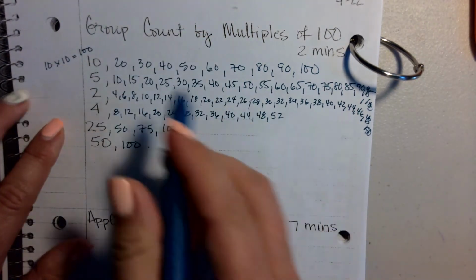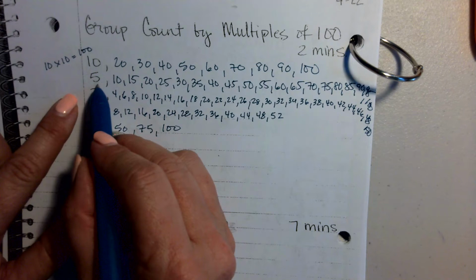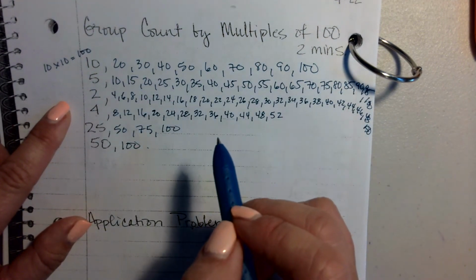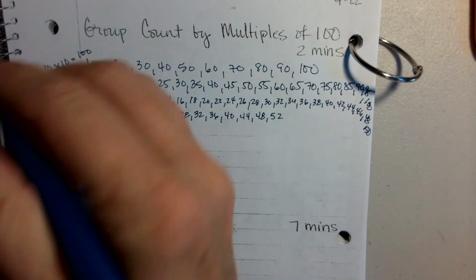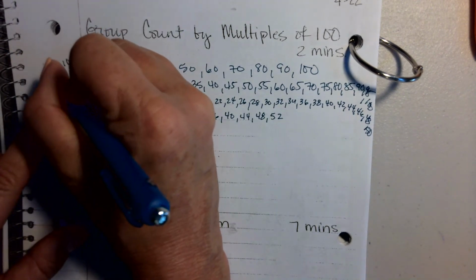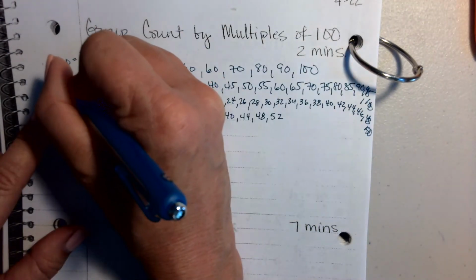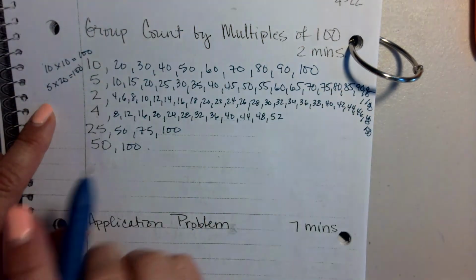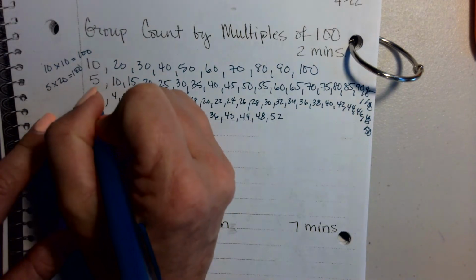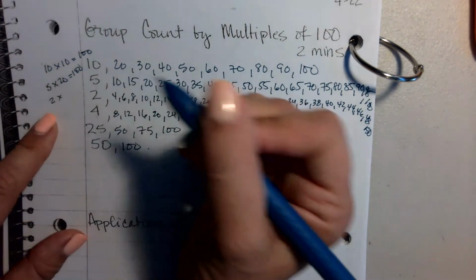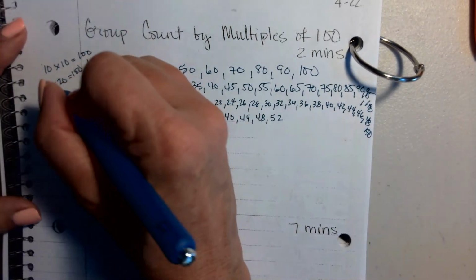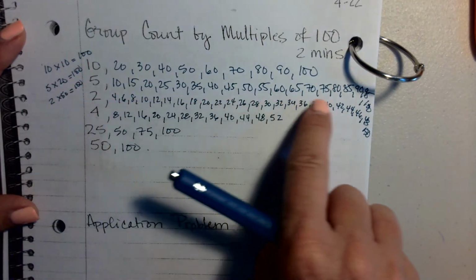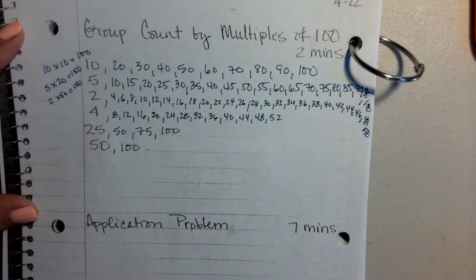All right. Let's go to 5s. How many 5s are in 100? What do you have to multiply 5 by in order to get to 100? 20, right? So you should have 20 numbers right there. What do you have to multiply 2 by to get to 100? 50, right? So you should have 50 numbers. I only got halfway.